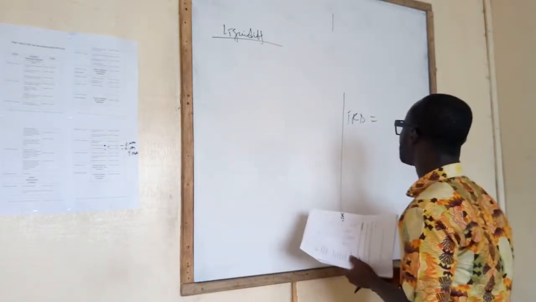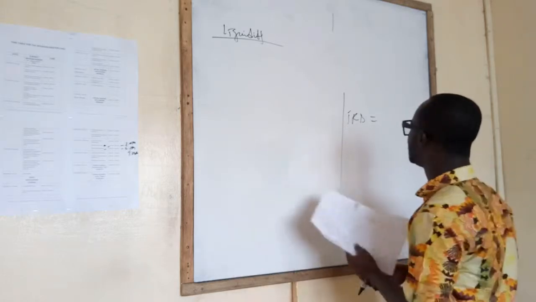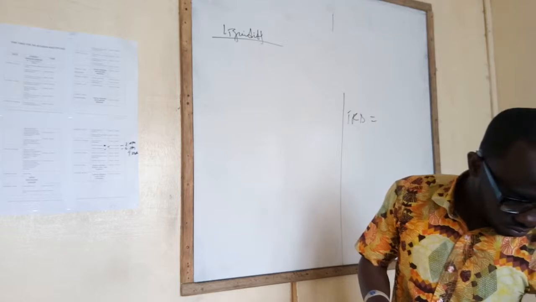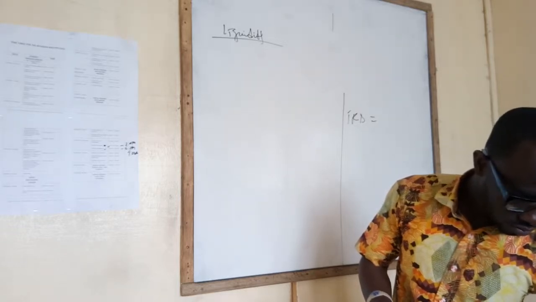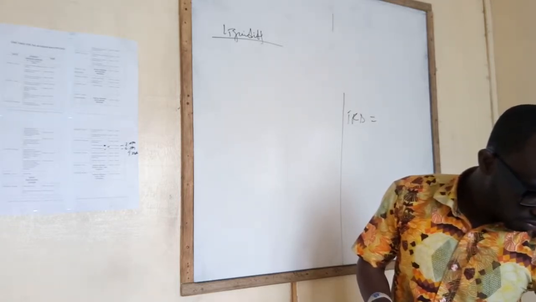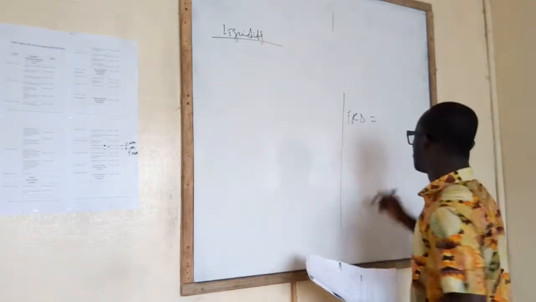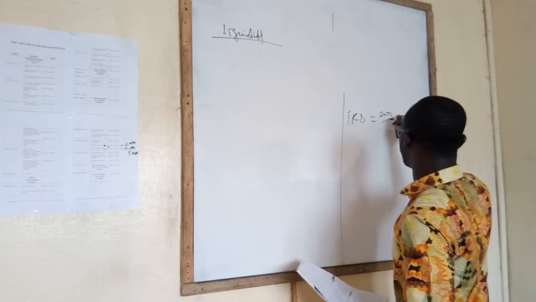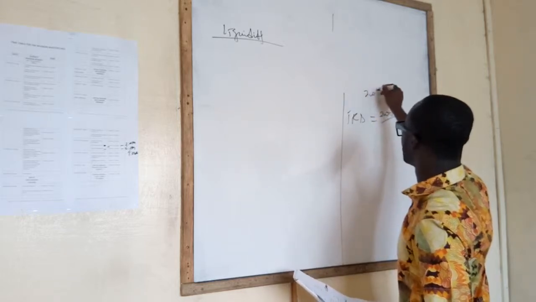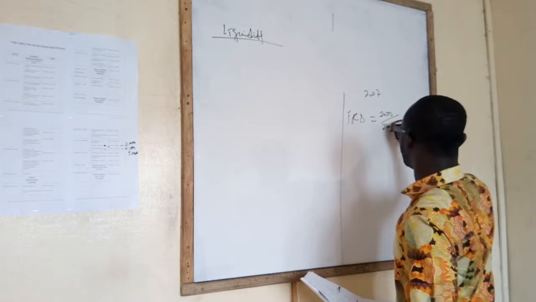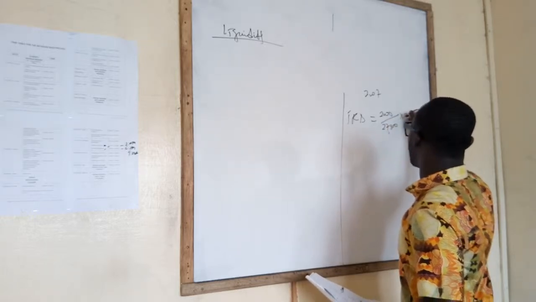What are we going to have for 2007? We have 2,000 over sales, 27,500, times 365.